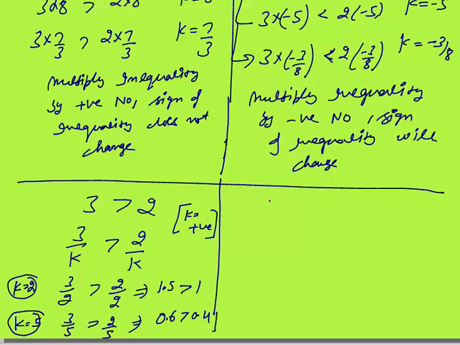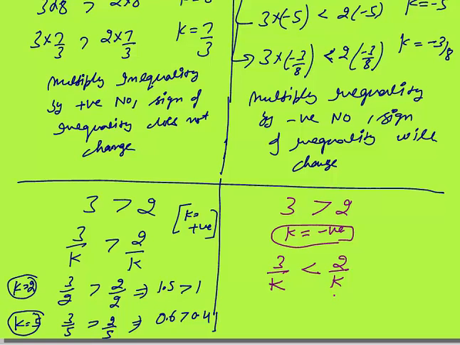In the same way, if you divide by a negative number, 3 is greater than 2, and k is negative, then 3 by k will be less than 2 by k. The sign of inequality will change. Although 3 is greater than 2, 3 by k will be less than 2 by k when k is a negative number.